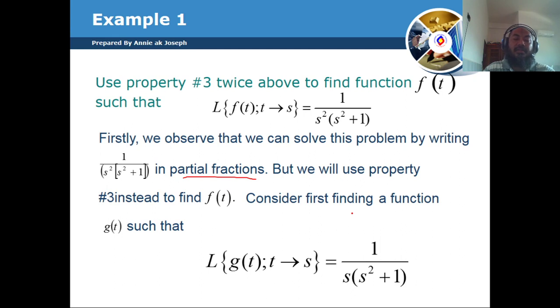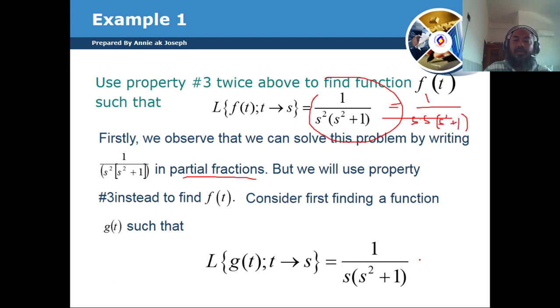So by using the new method, we use the Laplace of g(t). This is another function, which is extracted from this function. It is equal to 1 divided by s multiplied with s squared plus 1.